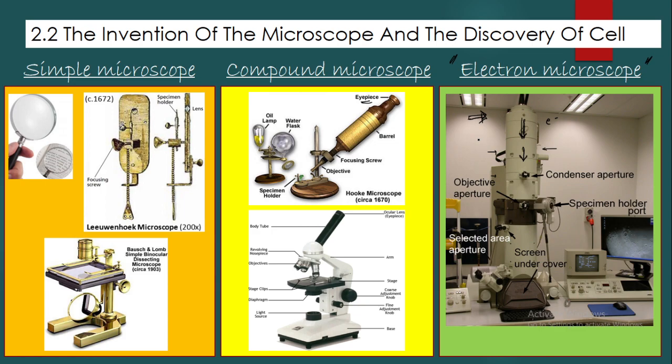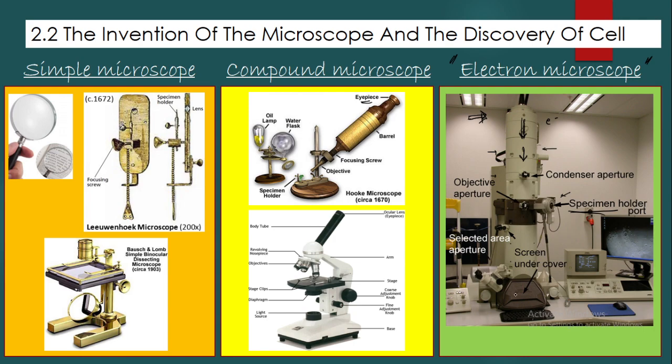Whatever we want to study, the specimen will be kept in this place, and the electron beam will hit that sample. After hitting the sample, depending upon how thick it is, less or more of the rays will pass through the sample.